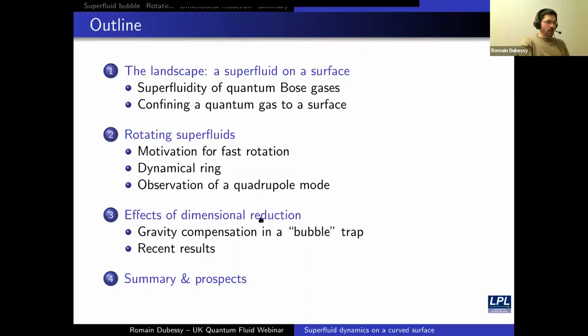My last part, that will be quite small with respect to the previous one, will deal with the effect of dimensional reduction on a curved surface, and I will show you some unexpected effects that we have obtained in the lab. And finally, I will conclude.